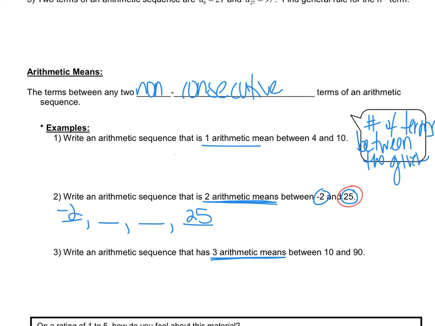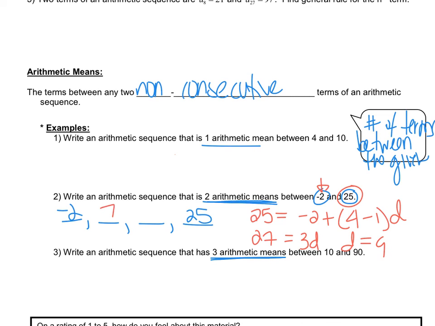So this would be our last term, so 25 equals, this is our first term, so -2 plus the number of terms is 4, that's how many lines we made, and then find d. So 27 equals 3d, so d equals 9.